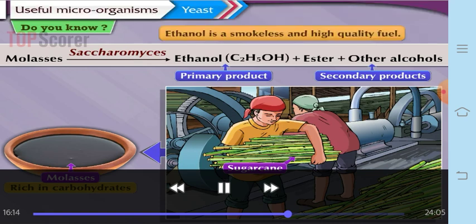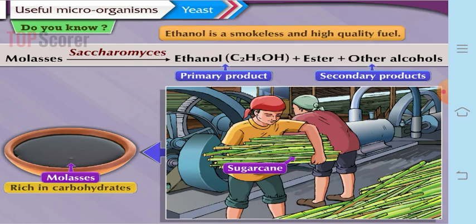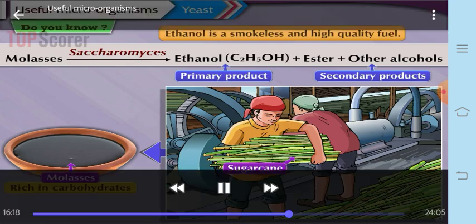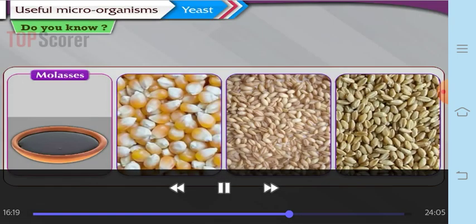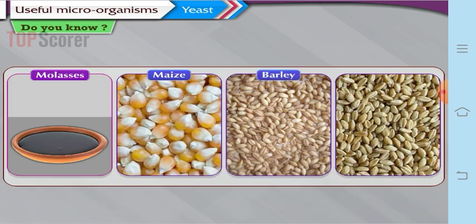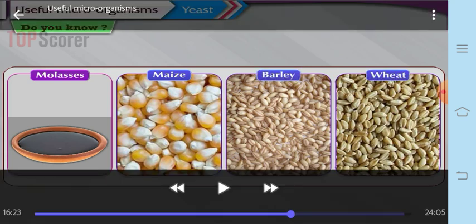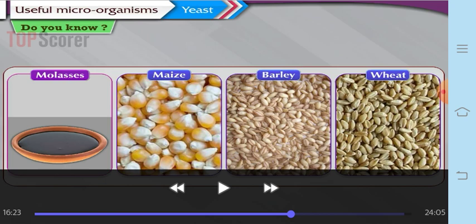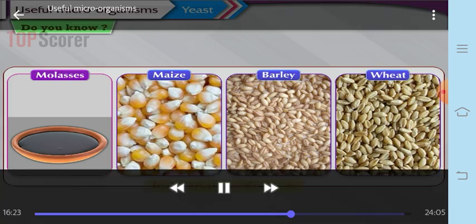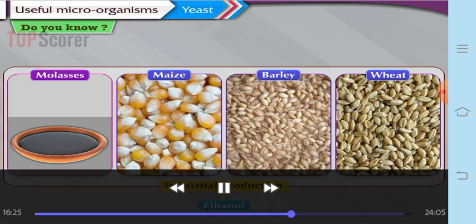So this is how, from molasses, ethanol is a smokeless and high quality fuel. That means it is a better fuel as compared to petrol and diesel, because it does not give any smoke. Now, apart from molasses, fermentation can be done even from other grains like maize, barley, or wheat. Correct?